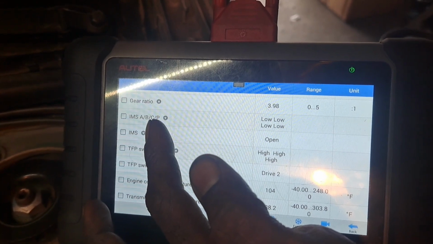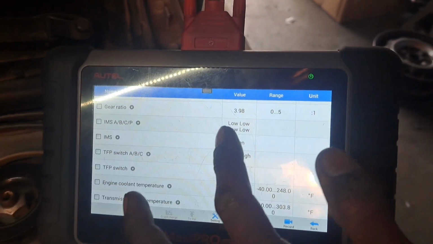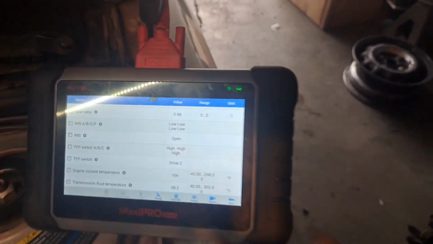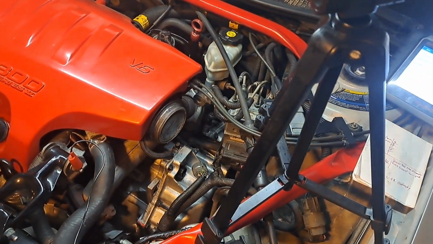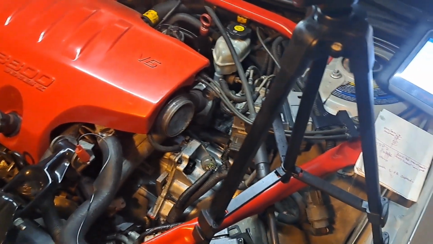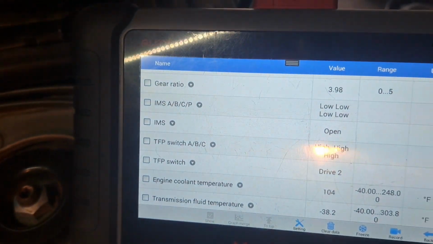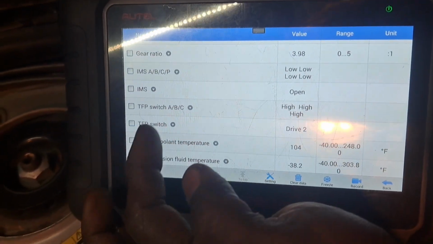Those are what should reflect the shift solenoids. They should provide you with low, high signals. Like there should be a command, but the command isn't going to be given out if there isn't a confirmation.